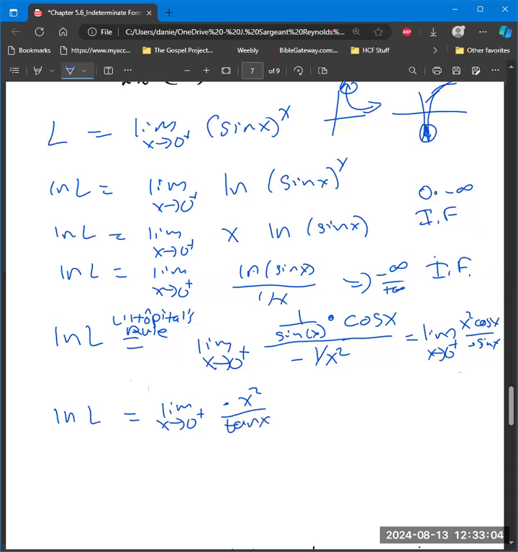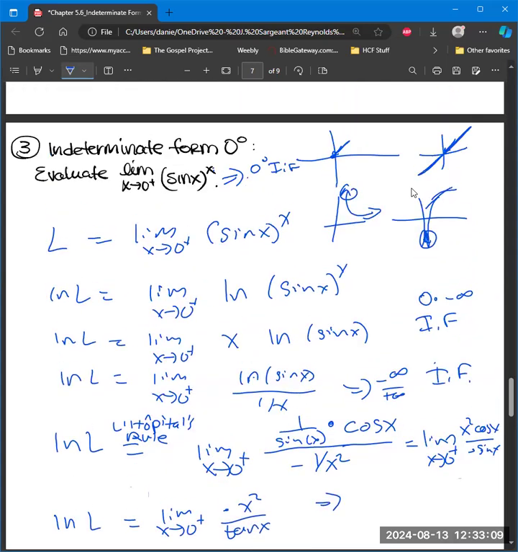Now when I evaluate that, we already know x squared as I come from the right approaches 0.